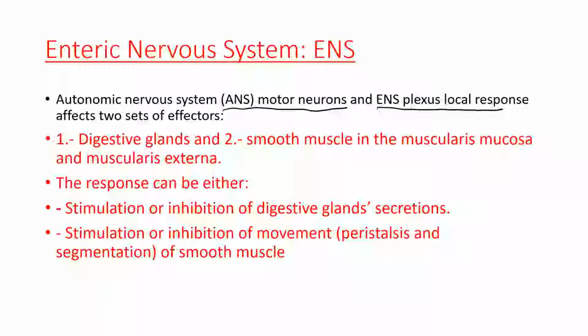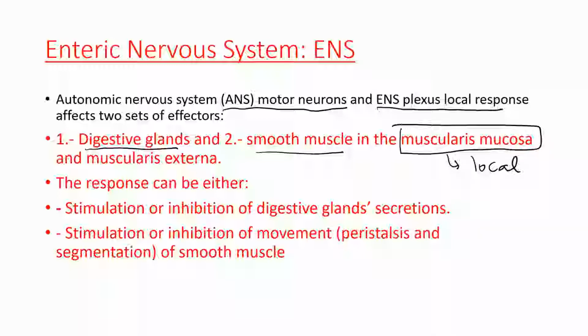The effects of a stimulation will be carried out by two sets of effectors, digestive glands and smooth muscle. Smooth muscle is located in two places: muscularis mucosa, which causes local movements, and muscularis externa, which causes more profound movements, peristalsis, and segmentation.